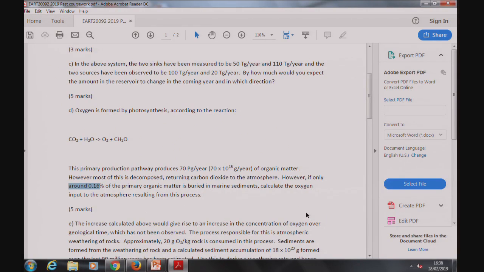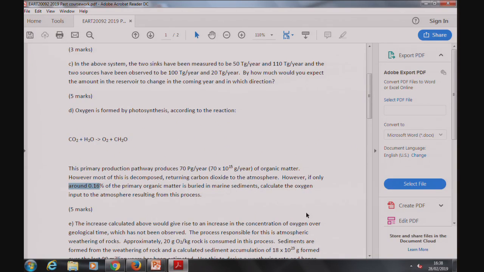Have you worked it out? Did someone say it? 30 something? 30, yeah, 30. Sorry, I'm going deaf in my old age. 30 grams per mole is the molecular weight of this biomass.